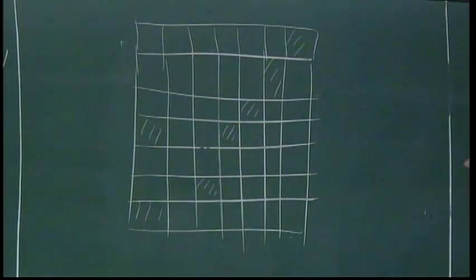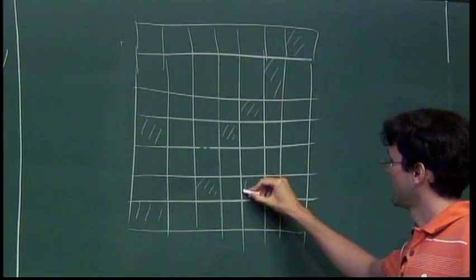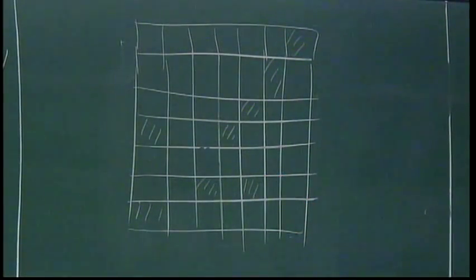You don't have a lot of freedom to distribute your vertices in the grid. In fact, sometimes you can have more vertices.